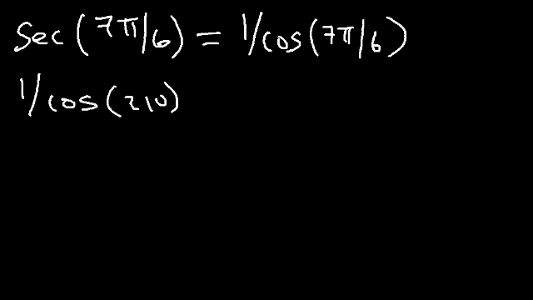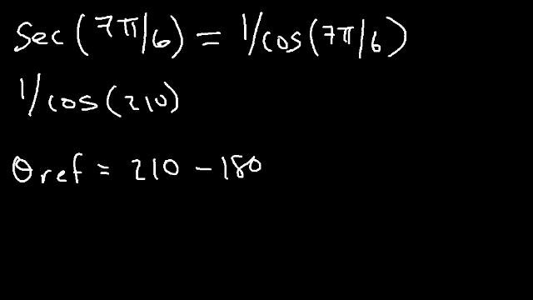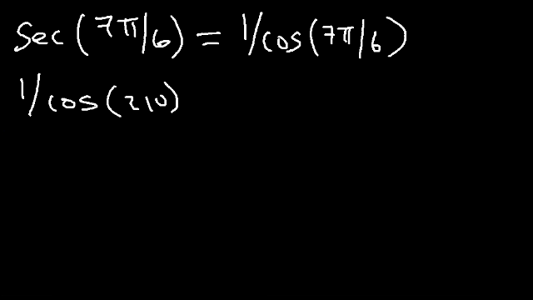Now the next thing we need to do is find a reference angle. So 210 is in quadrant 3, and a reference angle in quadrant 3 is the angle in quadrant 3, which is 210 minus 180. So therefore the reference angle is 30. So let's figure out what cosine 30 is equal to using the 30, 60, 90 reference triangle. So let's draw it.